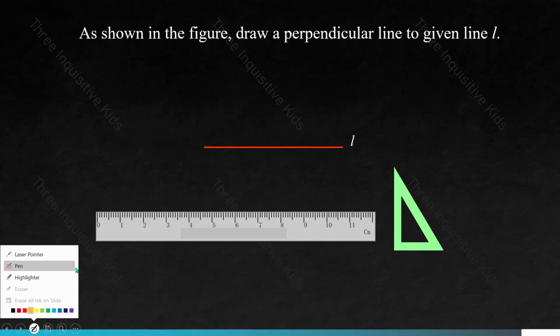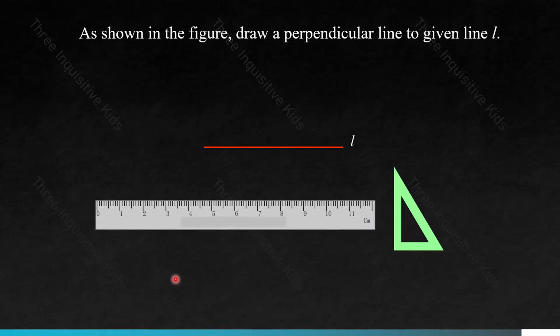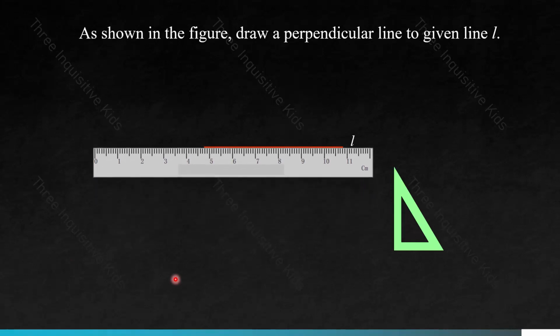As shown in the figure, we're drawing a perpendicular line to given line L. This is line L. First, we line up this ruler, and then using this triangular ruler, we create a 90-degree angle.